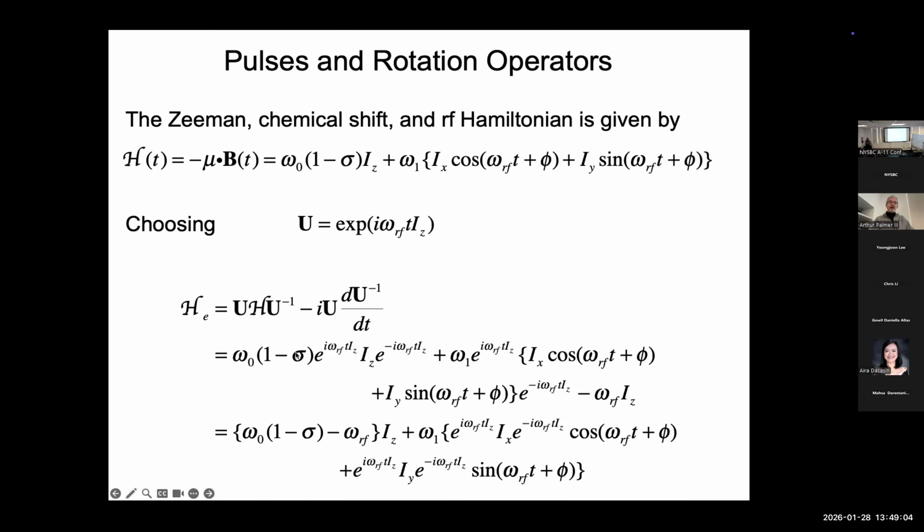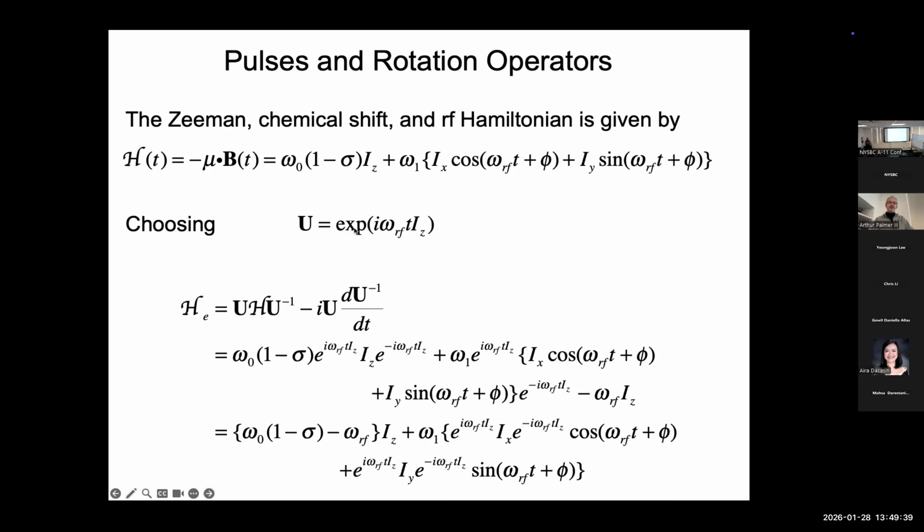Omega naught and 1 minus sigma, these are just numbers, so they can come outside of the operation. Here I had to multiply Ix on one side by the transformation. Here's the Iy part, and then on the other side by the inverse. And then I have to calculate this term, minus i U dU minus 1 dt.